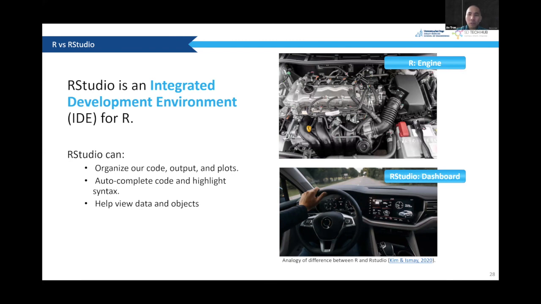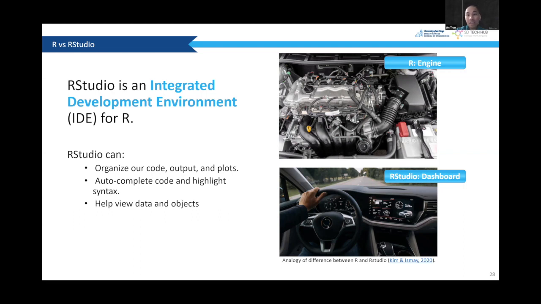RStudio can do a lot of things. It can organize your code, your output, your plots in a nice way with a very nice interface. It can autocomplete your code, highlight the syntax of your code so you can distinguish between what a function is and what a variable is. And finally, RStudio can help you view data and objects in R.